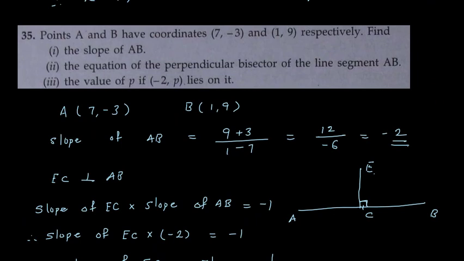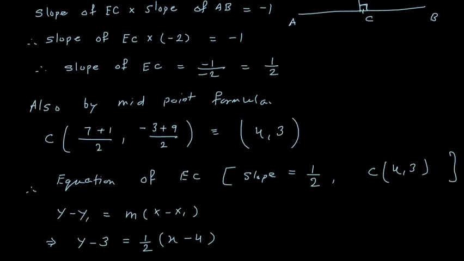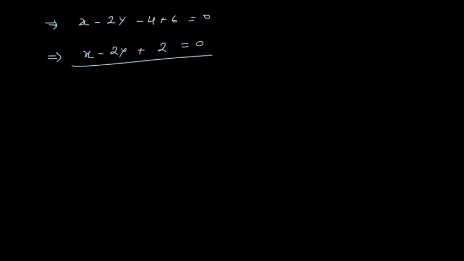Okay, so the equation of the perpendicular bisector of AB we got. Now find the value of P if the point minus 2, P lies on it. So minus 2 comma P lies on x minus 2y plus 2 equal to 0.